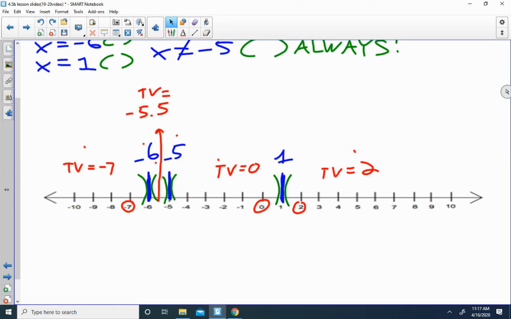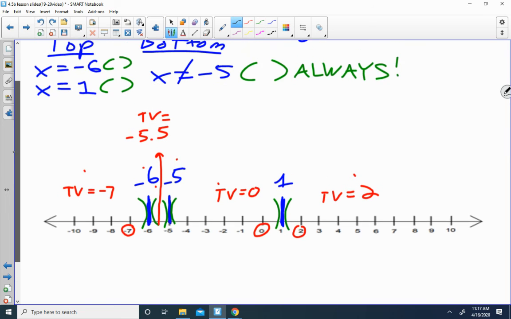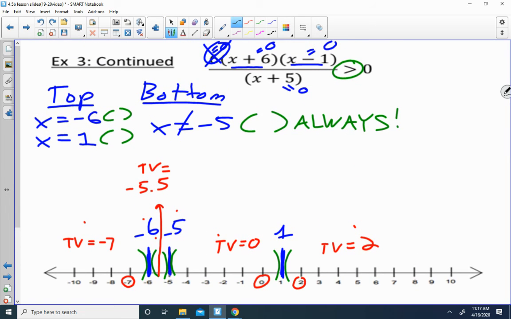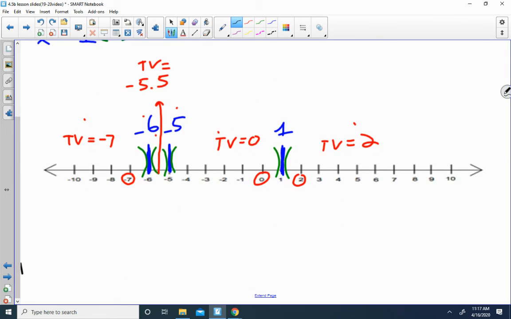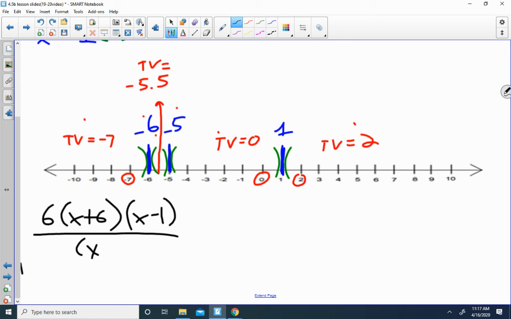All right, one last time we're going to be doing some plugging and chugging, and we're going to be using this equation: 6 over x plus 6, x minus 1, all over x plus 5, and that's going to be greater than 0, correct? Correct.